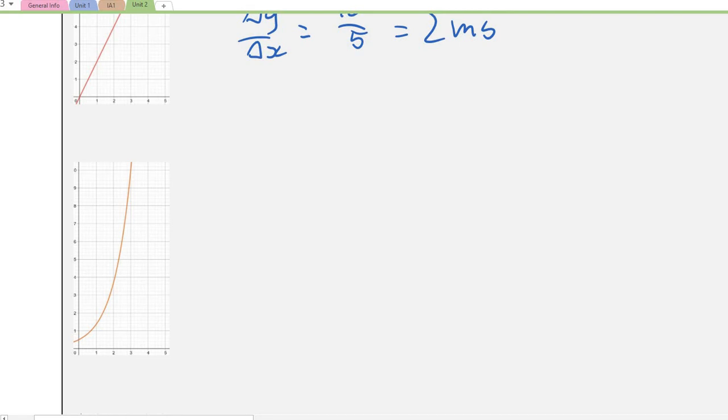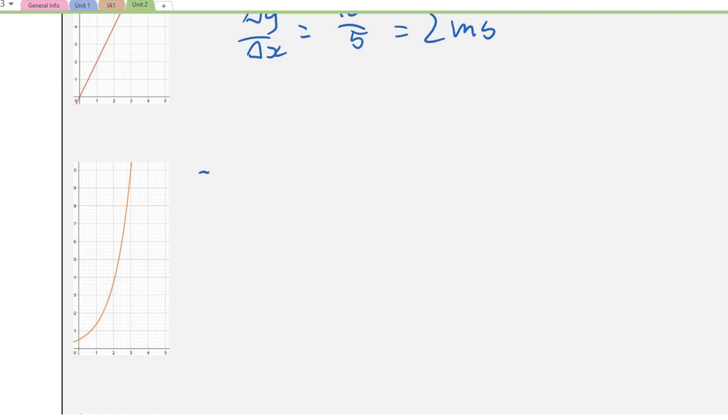Okay, this one. We actually have a starting speed. So at time zero or distance zero, whatever, it's actually already accelerating. Does this one have a constant rate of acceleration? How would you describe the acceleration? Exponential.